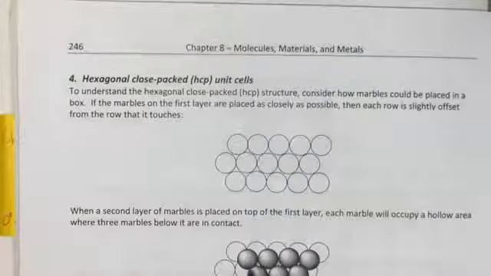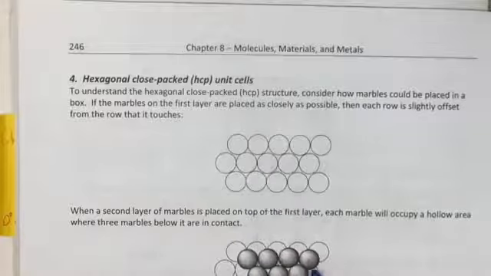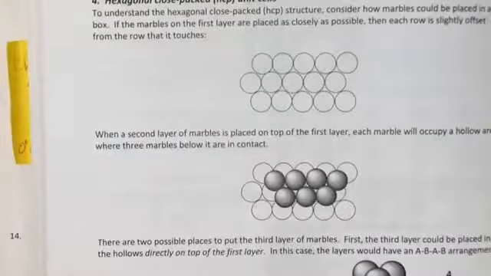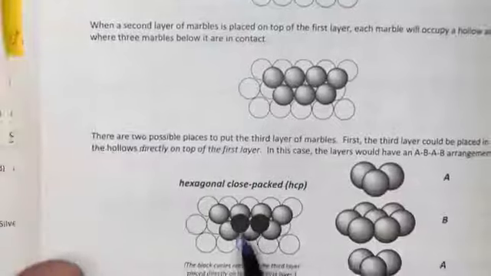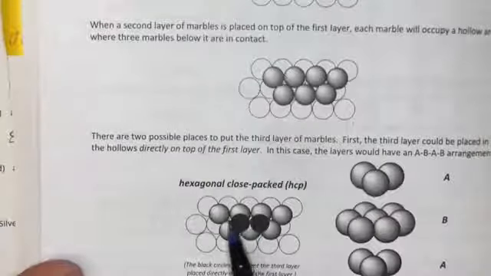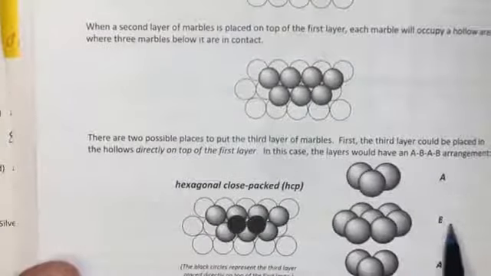And then the second layer, the atoms go into one of the holes. And then the third layer for hexagonal close packed goes directly above the first layer, so that this is an ABA level. Notice this one in front, on the third level, is directly above. It's in this hole. It's an ABA structure.